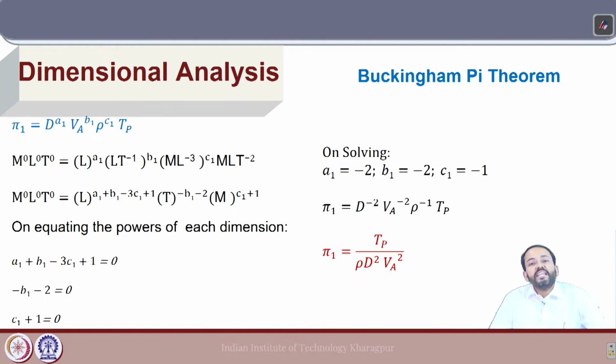In a similar way, we can do dimensional analysis for the other pi terms. So, the basis here is that each pi term consists of a number of dimensional terms like d, Va, rho and T, each of them raised to certain powers, but the combination of them is dimensionless because pi by definition is dimensionless. And in this way we try to get these different pi values based on the relations between these parameters.